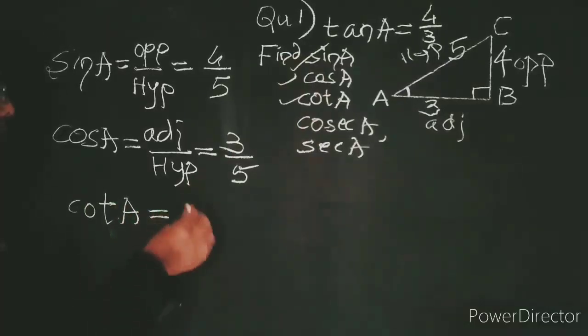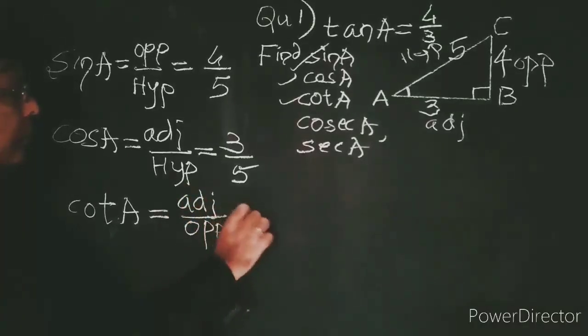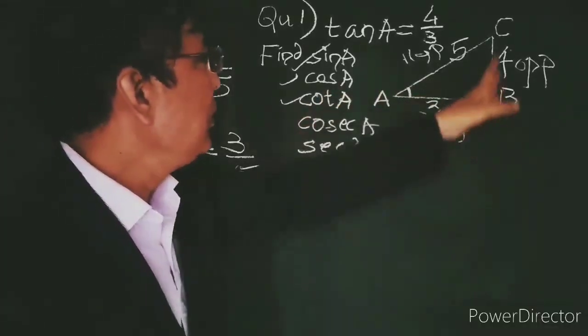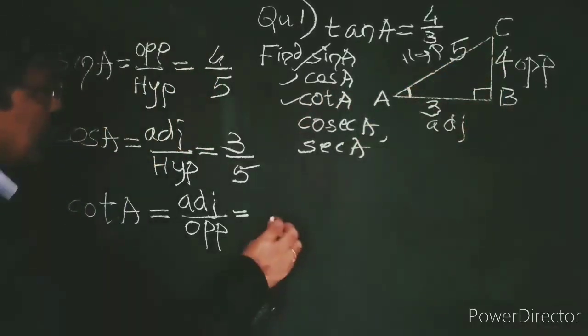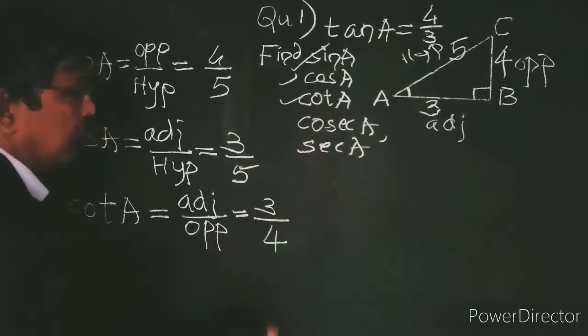Cot A is nothing but adjacent side divided by opposite side, that is AB upon BC, that is 3 upon 4.